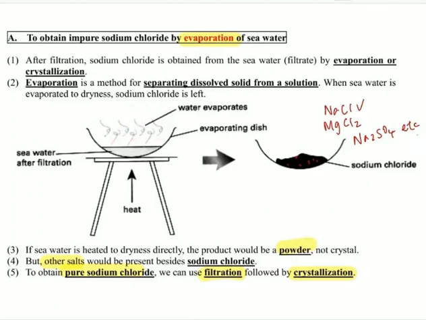All these salts have a higher melting point, so they will remain as a solid. They do not melt and do not boil and then remain here. Just the water evaporates away, and so all the salt remains.